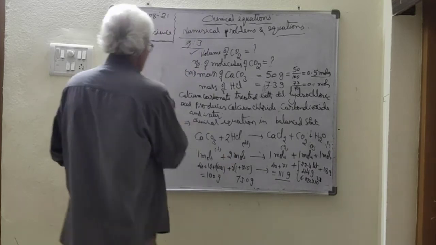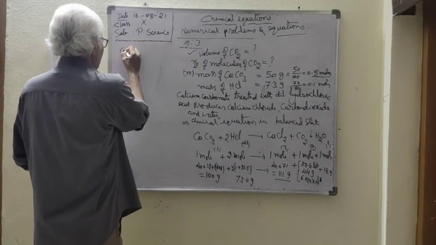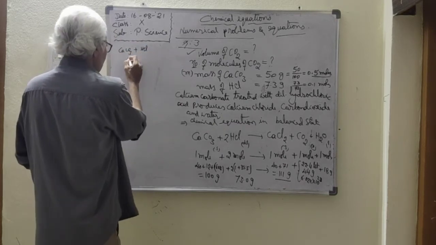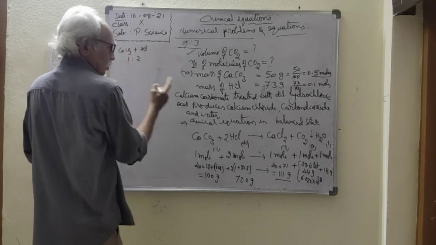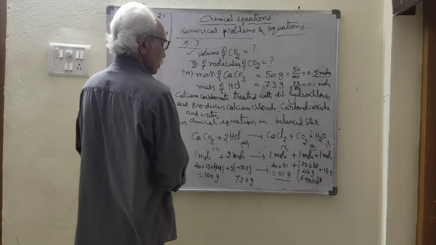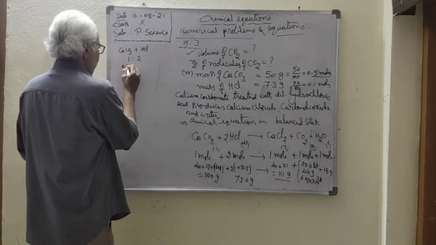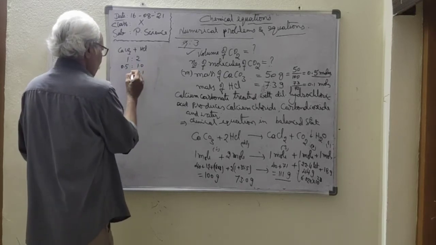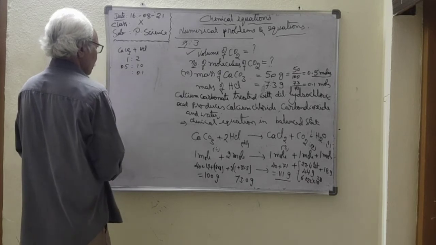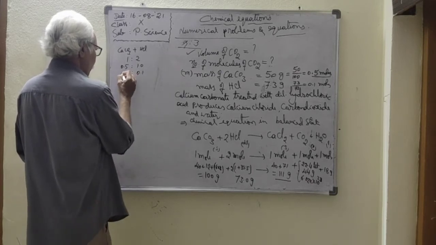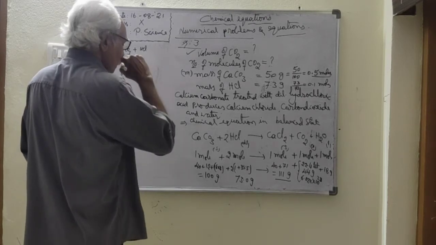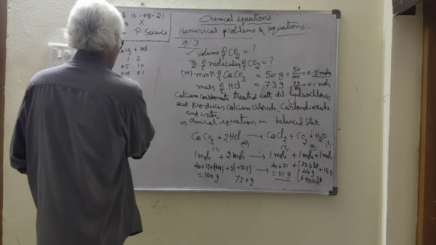The calcium carbonate to HCl ratio is 1:2, but there is given 0.5 moles, 0.1 mole. If HCl is 0.1 mole, the calcium carbonate should be how much? 0.05 mole is required.